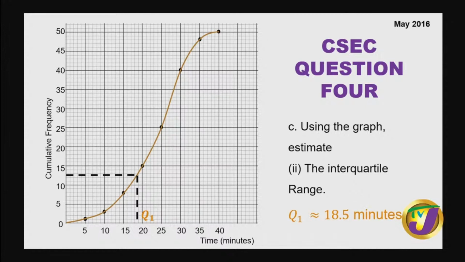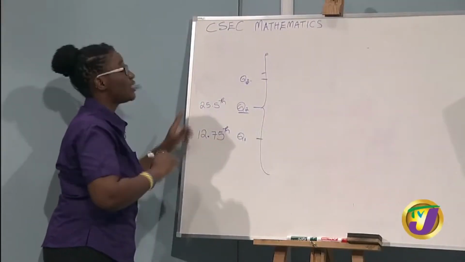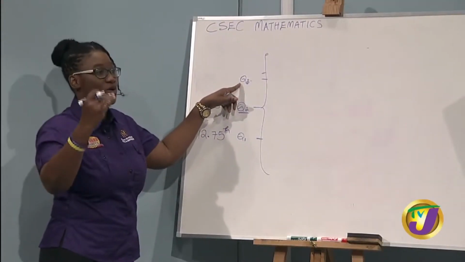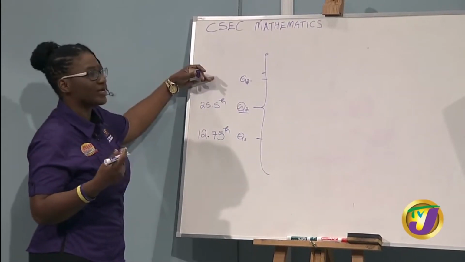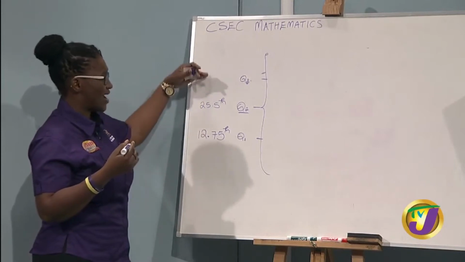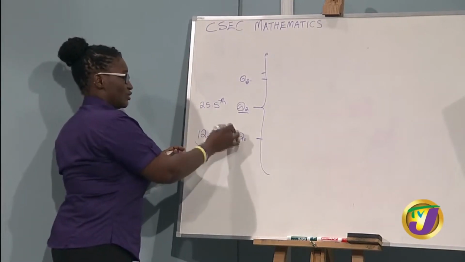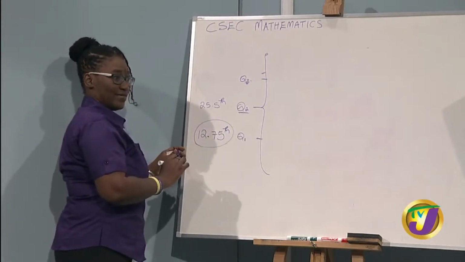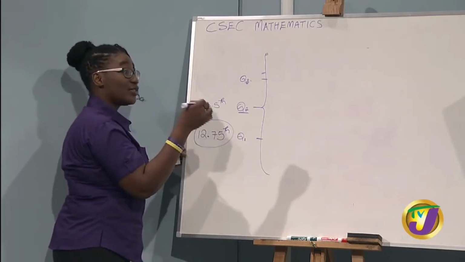So this is our lower quartile we have found, Q1. And now we want to find the upper quartile, which is Q3. So this is taking us 3/4 of the way. If I want to find this location, I could simply take this 12.75, which is a quarter way, and multiply that by 3.